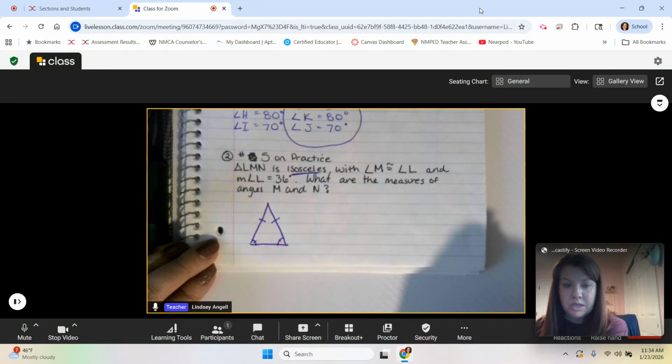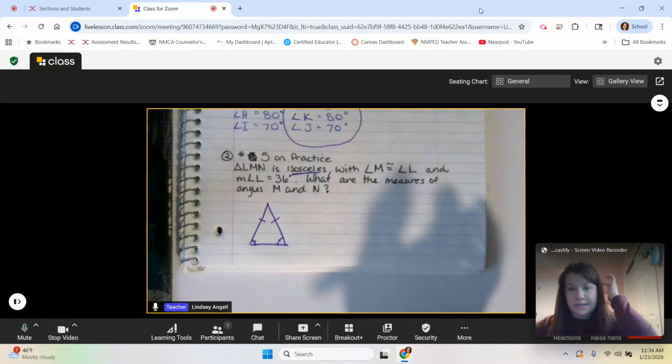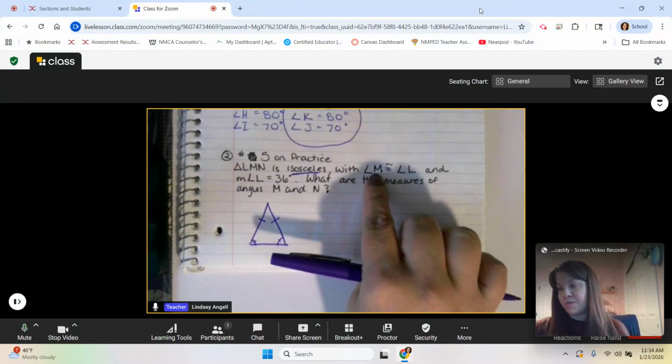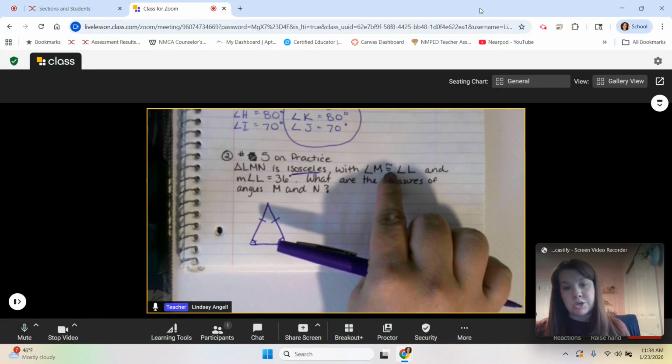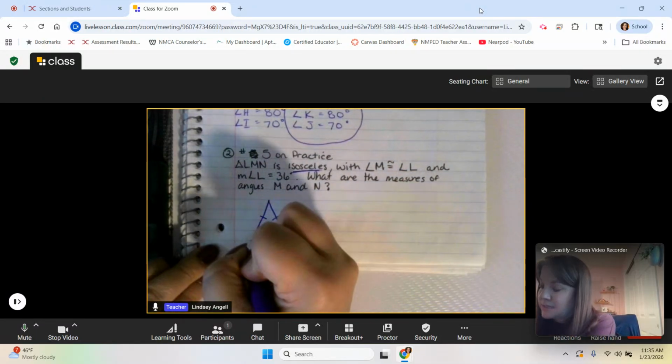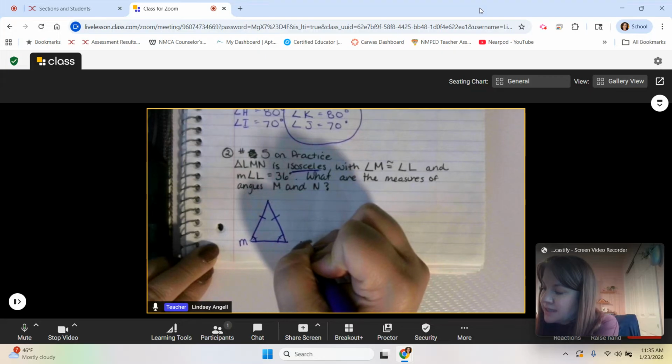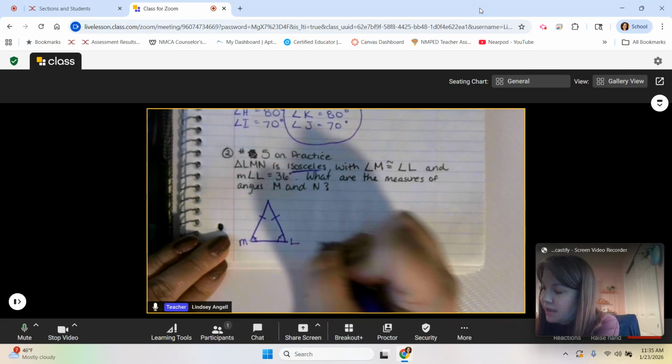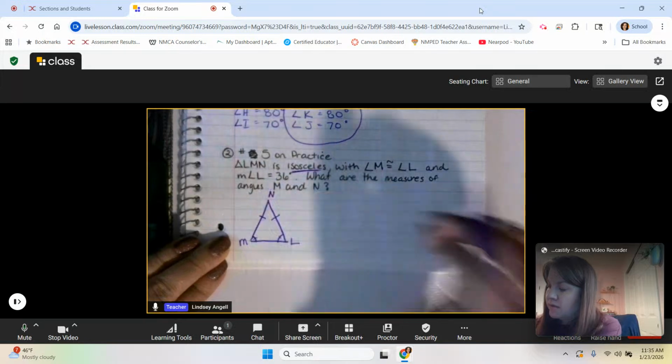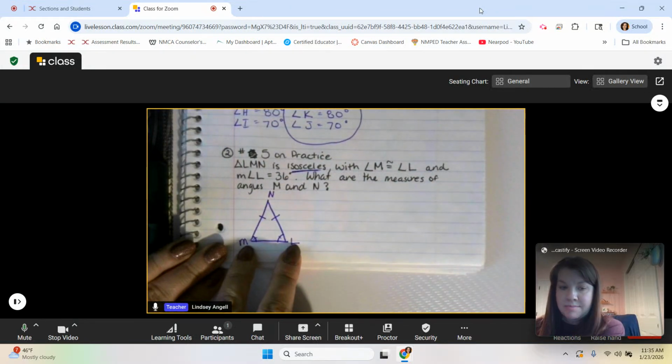Okay? So let's see here. It says that the measure of angle M is congruent, that's what this symbol is, to the measure of angle L. So what that tells me is that this is M and L and N. Okay? Because these are the same.